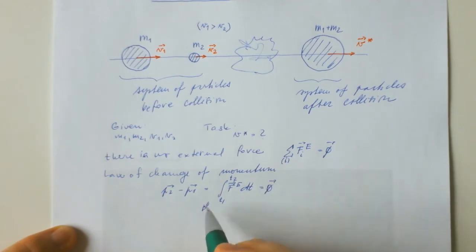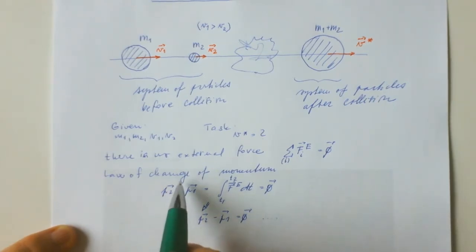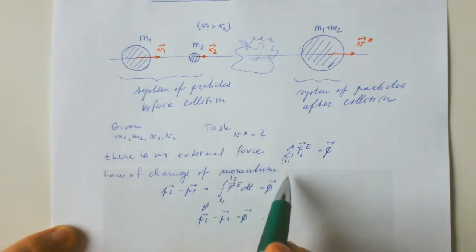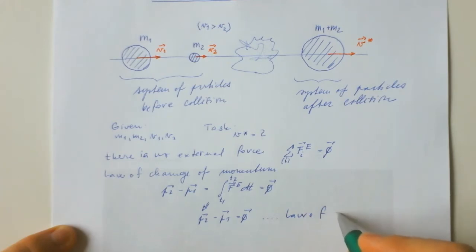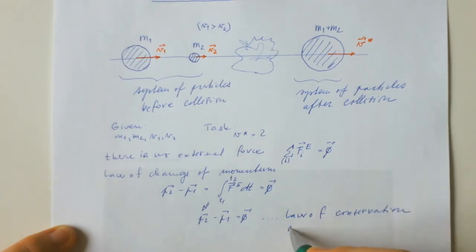From this we can say that P2 minus P1 is equal to 0, and we transformed the law of change of momentum of a system of particles into the law of conservation of momentum.